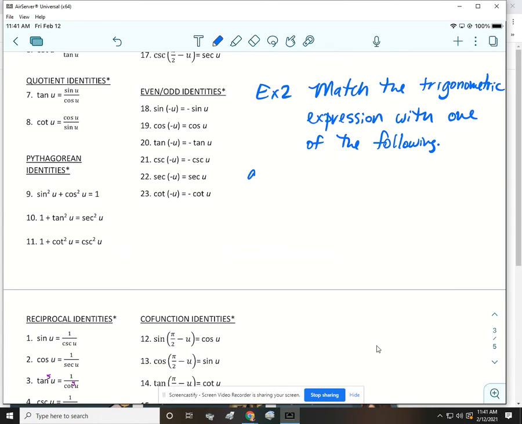All right, so our answer choices are going to be A is 1, B is sine squared of x minus cosine squared of x, C is cotangent of x, and D is cosecant squared of x. So when we simplify down, we're going to end up with one of those 4 things.